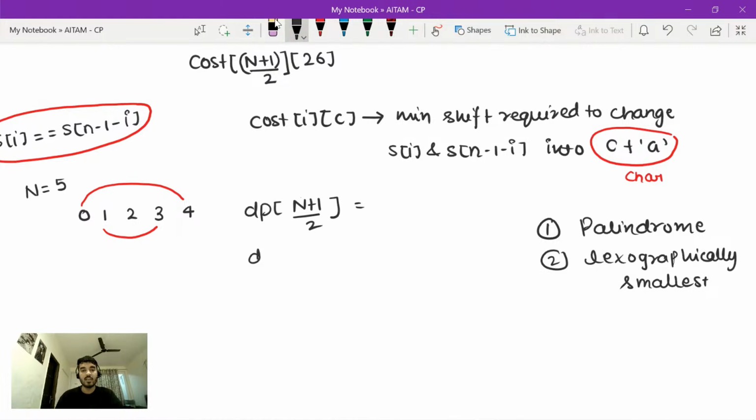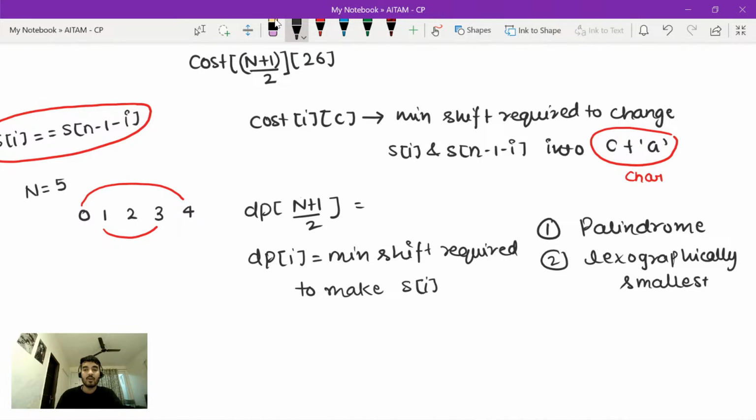And dp of i simply stores the minimum shift required to make s of i equal to s of n minus 1 minus i.